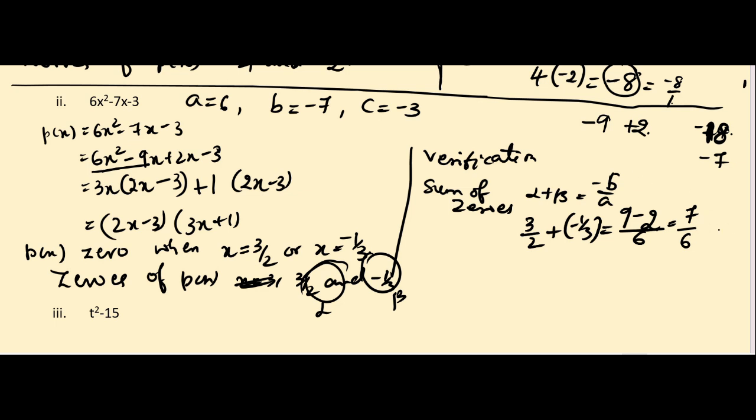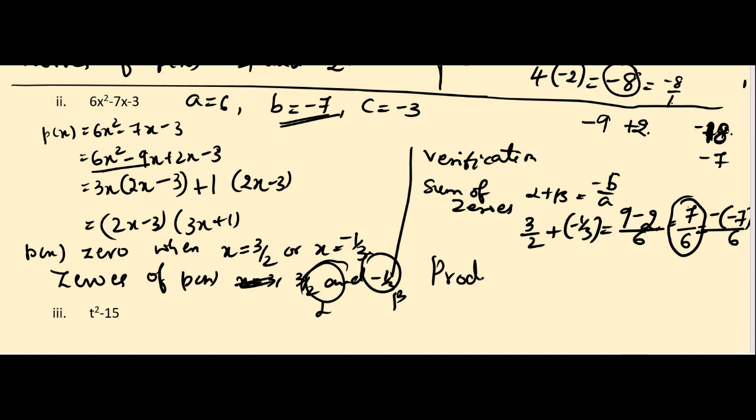So we have to verify, correct? So minus b by a, how we can write? Minus b, we know what is that? Minus 7. So minus 7 divided by a, we know that is 6. See here, minus into minus is plus, that is plus 7 divided by 6. We got this. We have verified.